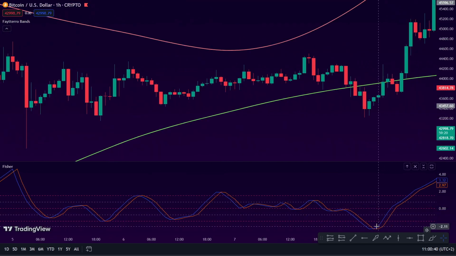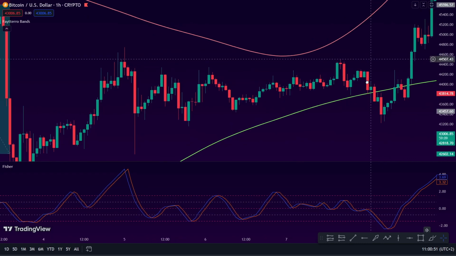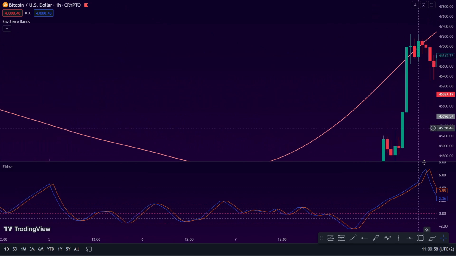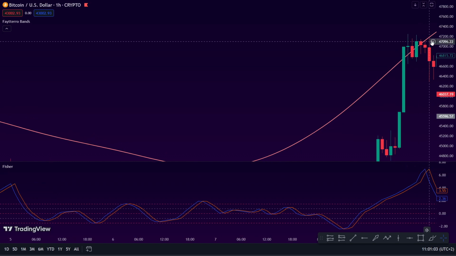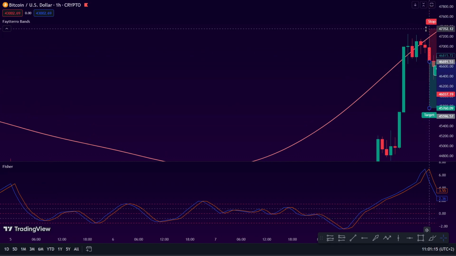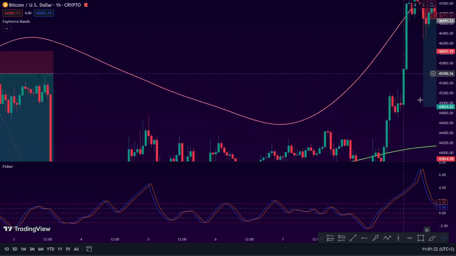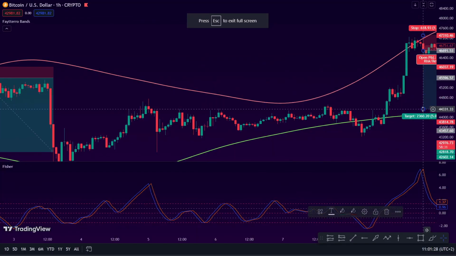So it confirms this signal here. I don't know exactly if we will take the position here or not. Again, candles reach the upper band and we see here the cross on the Fisher indicator. If we take the sell position here, I would put the stop above this band or previous high and would take the profit after reaching this band.